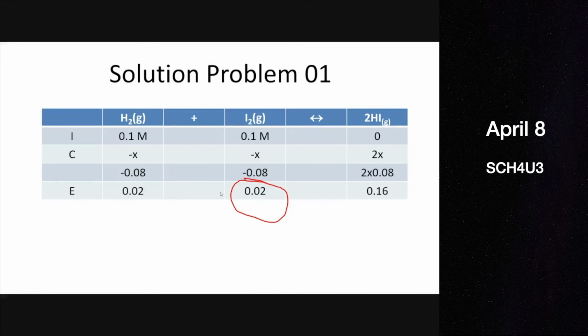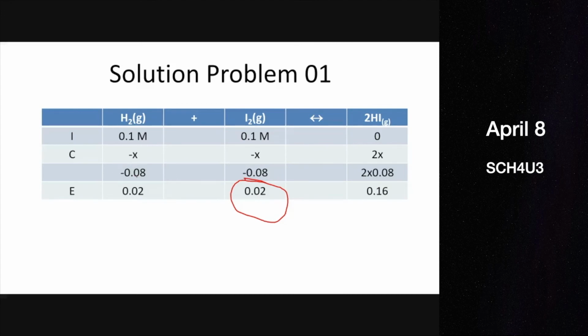Which means the value of X is 0.08. So you had to use the information that was provided to you, which stated that when the system achieved equilibrium, you really had only 0.02 moles of iodine. So using the relationship 0.1 minus X equals 0.02 to calculate the value of X, you can then substitute the value of X in each of these.